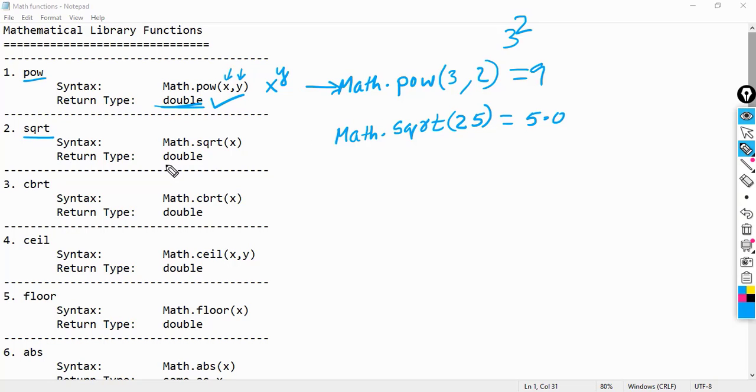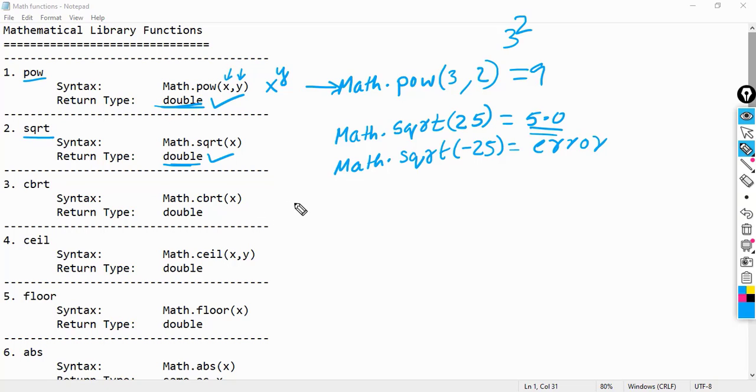Notice the return type is double, so it returns me a double value. If we give a negative number to SQRT, it will give me an error. We cannot find the square root of a negative number.